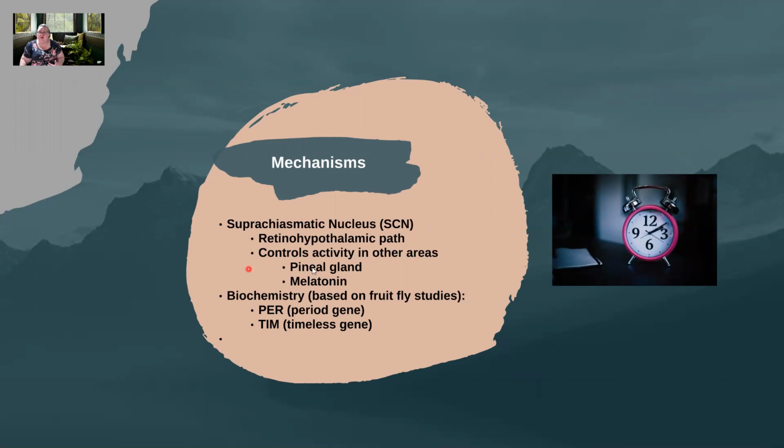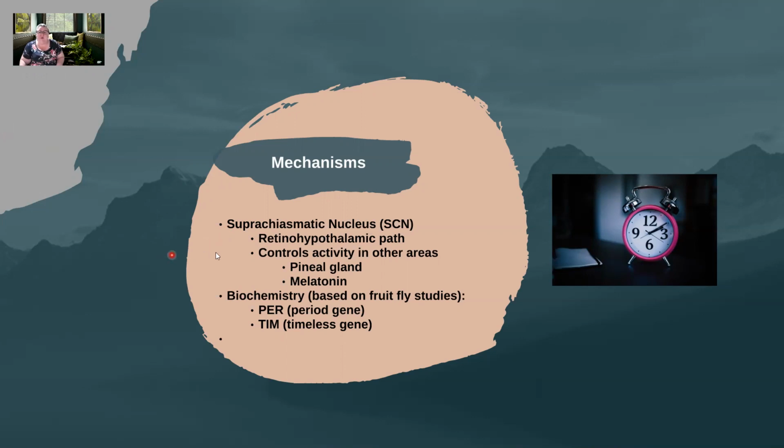Okay, so the suprachiasmatic nucleus is a structure in our brain that is basically like the main driver, the driver's seat, so to speak, for our sleep cycles, and then also body temperature. Okay, and that piece of the brain is actually part of the hypothalamus, which you may remember from some of our basic structural anatomy lectures. So if this part of the brain, the suprachiasmatic nucleus, becomes damaged, our body's rhythms become erratic.